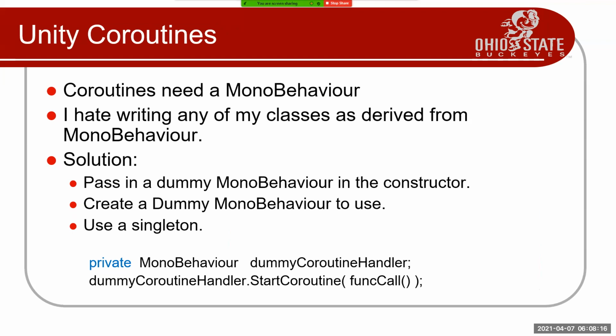I just need a driver. So you could pass in a dummy MonoBehaviour in the constructor. You could actually create a new MonoBehaviour to use, or you could even use a singleton.